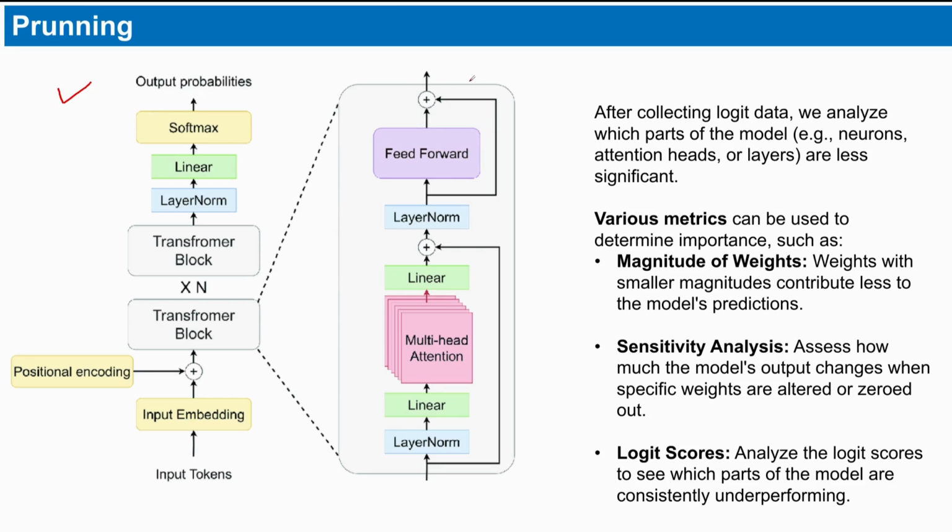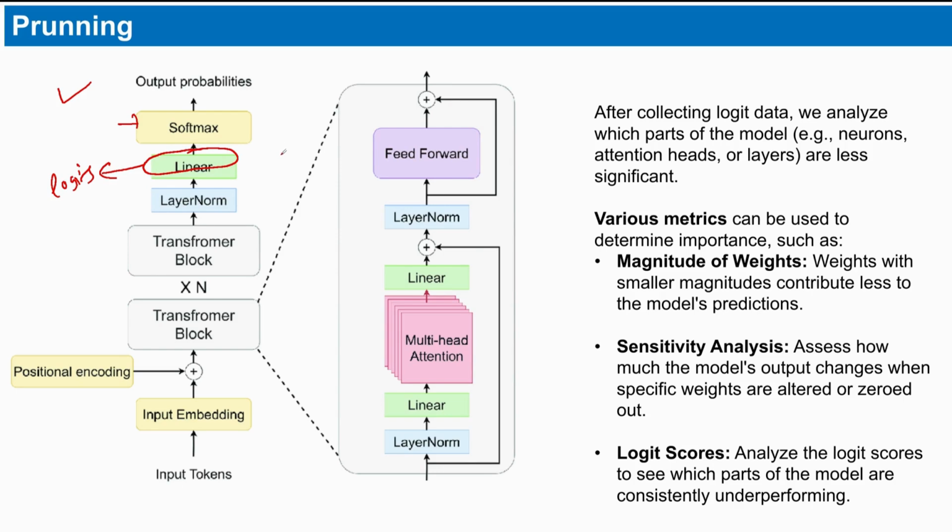After collecting the logit data, where can we get the logits? Before the softmax layer there is a linear layer, and the output we get from it is called the logits. First they pre-compute these logits with respect to the mixed data.